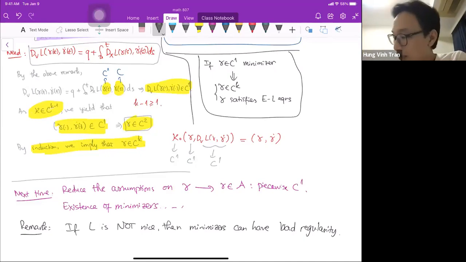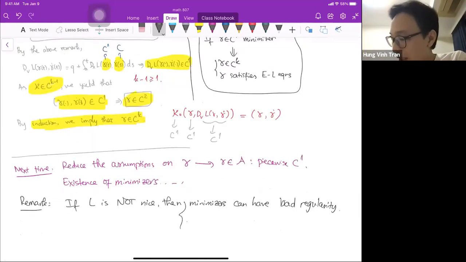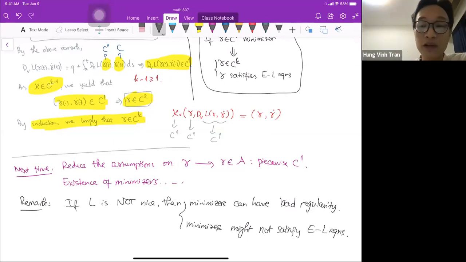So minimizers can have bad regularity, and minimizers might not satisfy Euler-Lagrange equations. So we have to be careful.